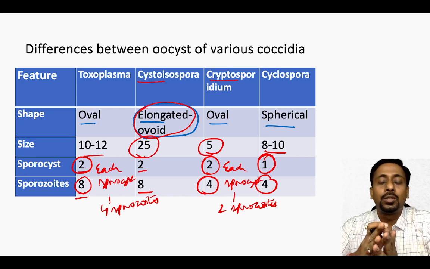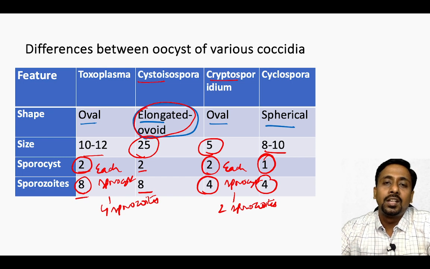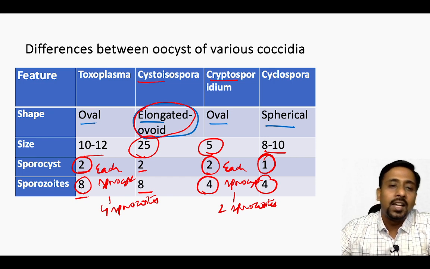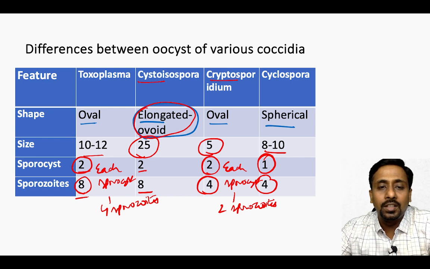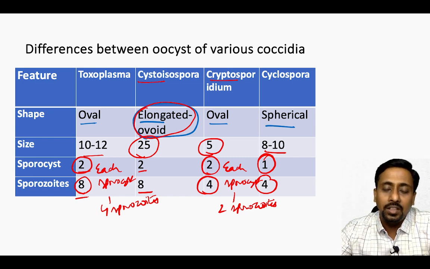So in Crypto and Cyclo, there are four sporozoites, but the difference between Cyclo and Cryptosporidium is the number of cysts. And in the case of Toxoplasma and Cystoisospora, the number of sporozoites and sporocysts are similar. So if you remember this small table, you will be able to identify from the image itself which species the oocyst belongs to.